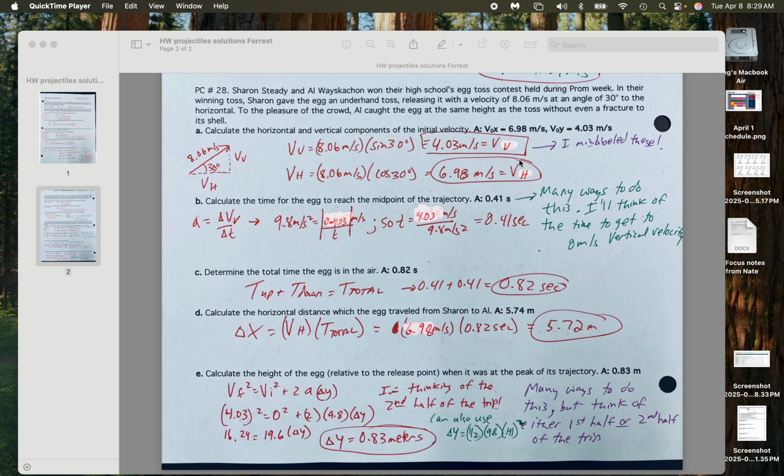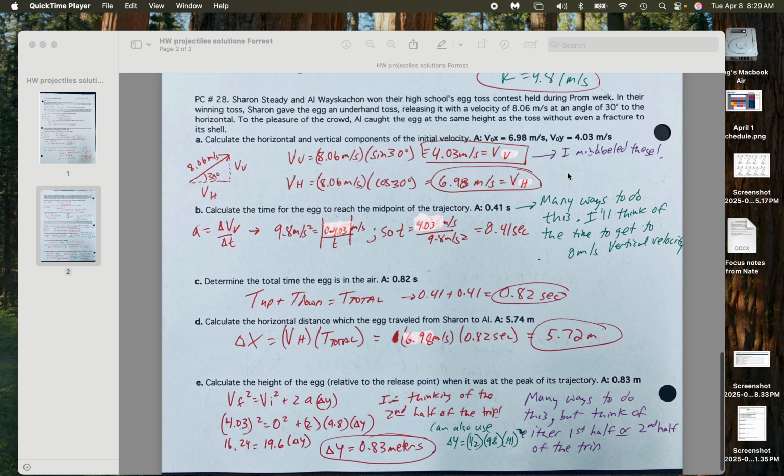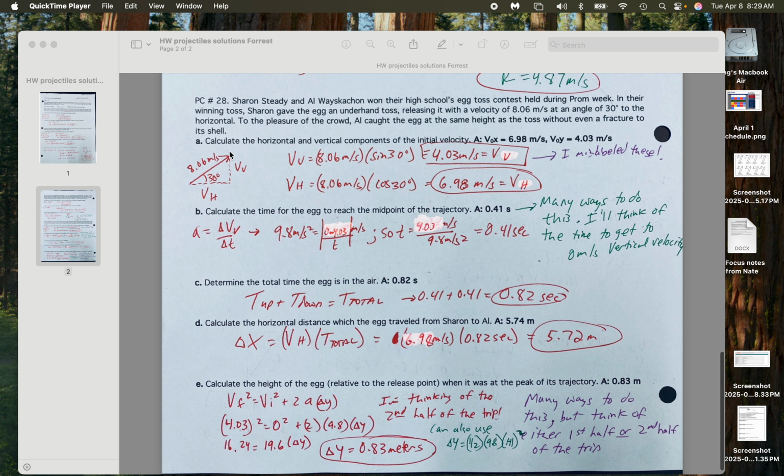This one you could tell I screwed up. I had labeled these incorrectly, so that's why I did some math wrong. So first thing for this, which is a projectile going up at an angle, I find the vertical and horizontal components, so that's using trigonometry and vectors. Make sure you're in degree mode.